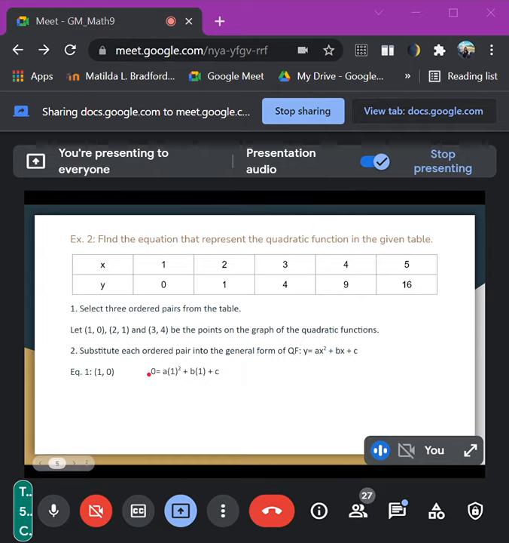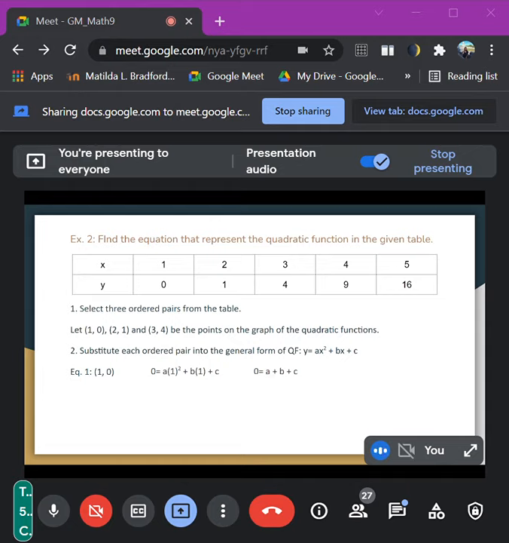And then simplify. This one is 0 is equal to kani kay 1, 1, and then C. So, you have there A plus B plus C. Kay A times 1, 1, A raman. B times 1, that is B. So, that is now your first equation. Or you can write that one as A plus B plus C is equals to 0.